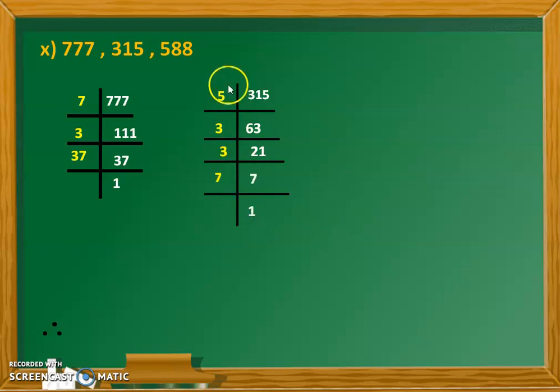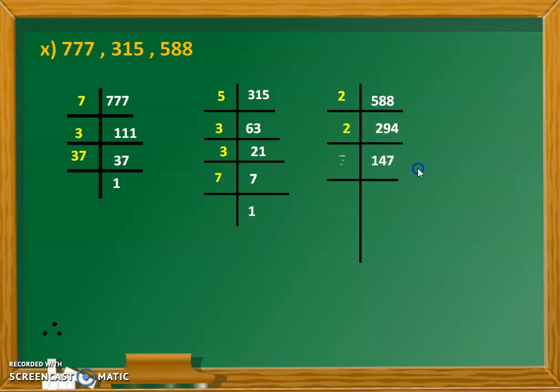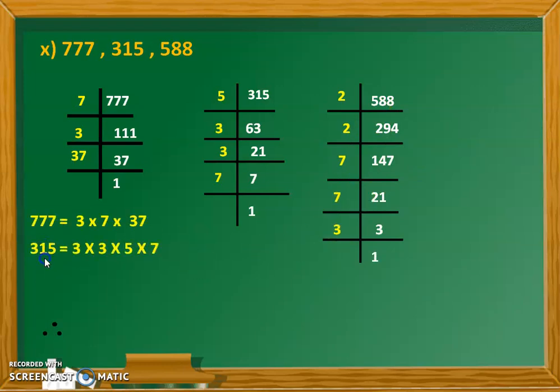So these are the factors of 315. Let's move to 588. The same way, vertical arrangement, by using the divisibility rule, we are going to find the factors. So here these are the factors of 588. Now the next same step, we are going to list the factors of the 3 numbers. So here we have got the factors.